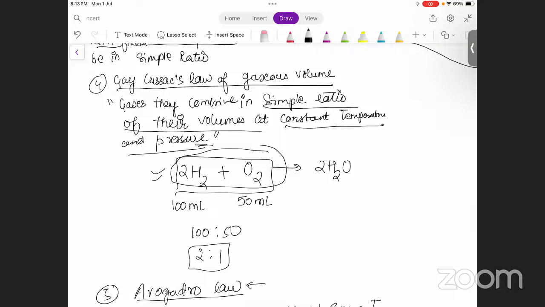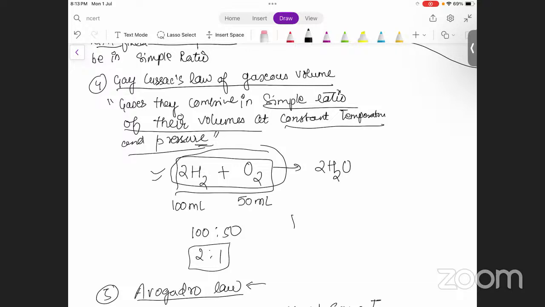So the fourth law says, let's suppose they started with 100 ml of hydrogen, right? What they observed is that if I take 100 ml of hydrogen, then the amount of oxygen will be 50 ml.